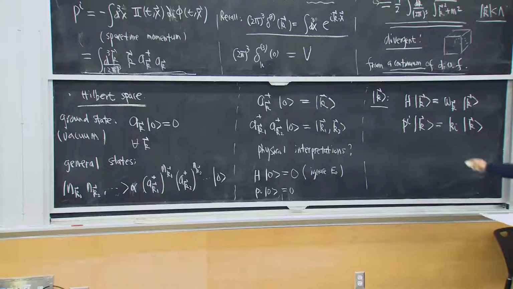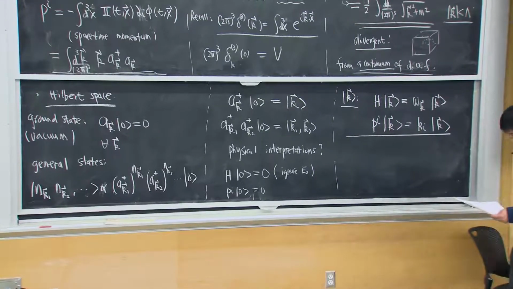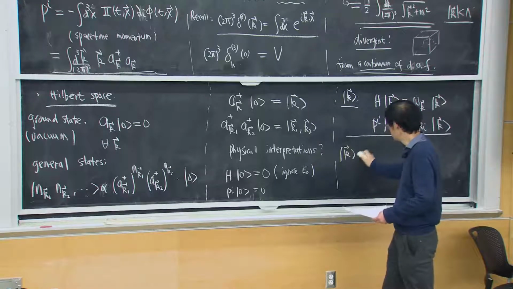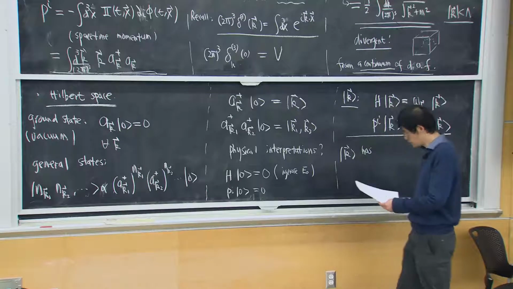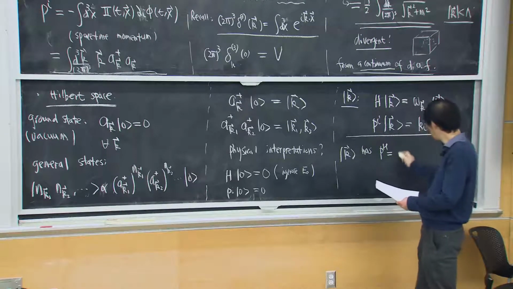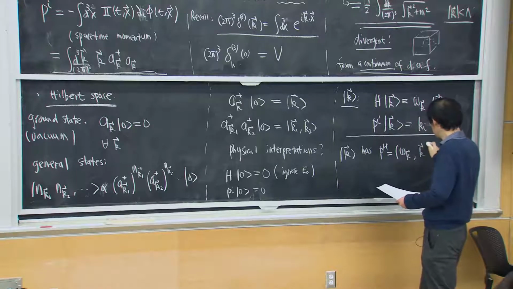So now this equation has an obvious physical interpretation. It means that this state k has space-time momentum, so now I write down a four-momentum, omega_k and k.